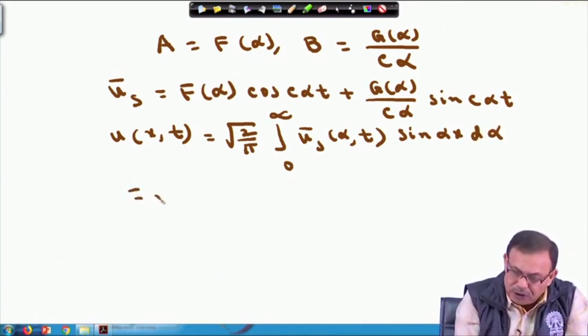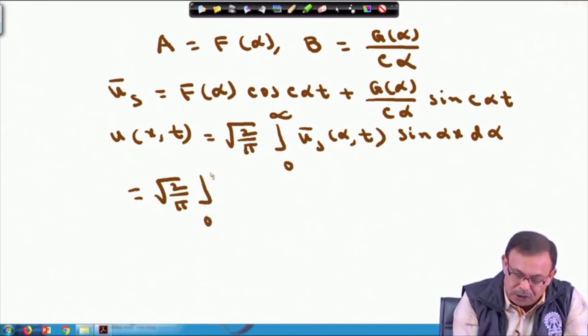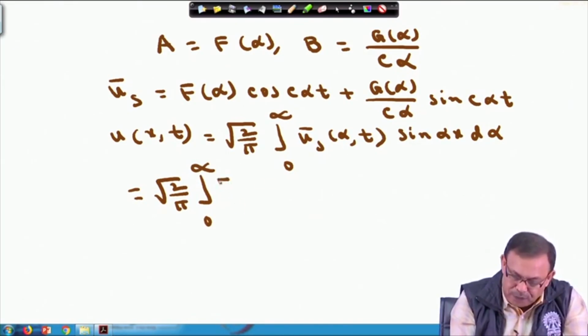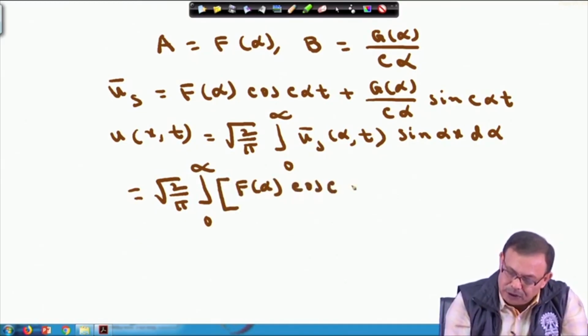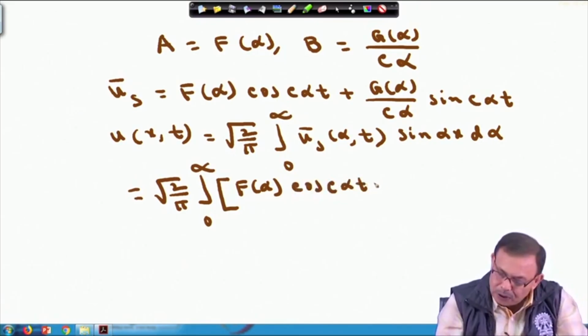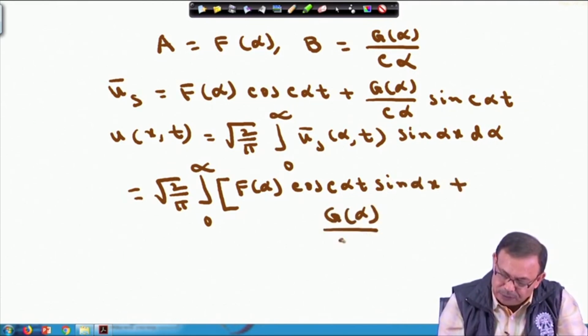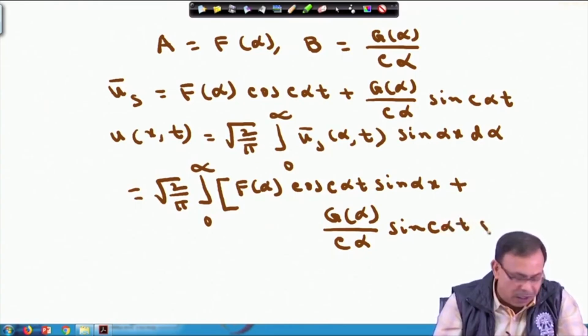So, if you substitute the value of this integral u bar s(alpha, t), you will obtain F(alpha) into cos(c alpha t) into sin(alpha x) plus G(alpha) by c alpha into sin(c alpha t) into sin(alpha x) d alpha.